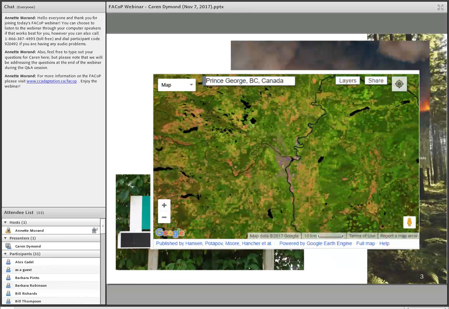Then I moved to British Columbia as a research scientist, and I started trying to work more actively on the forest management side, the what can we do about it side of the climate change question. This graph is from a study where we said, well, what can we learn from the mountain pine beetle outbreak?